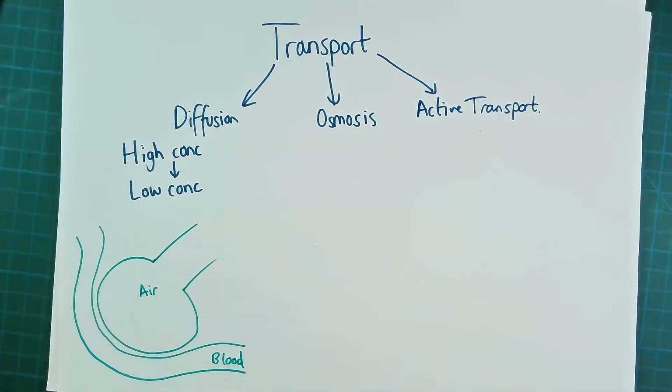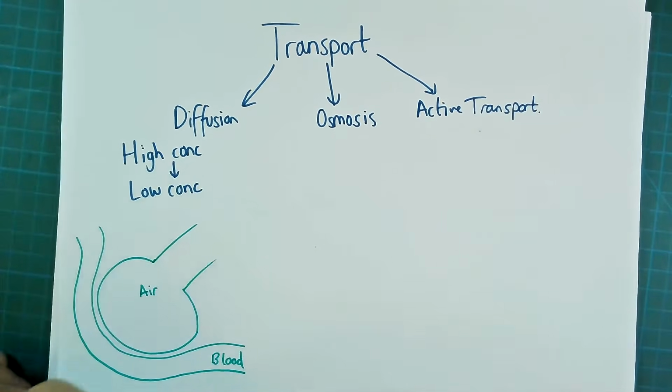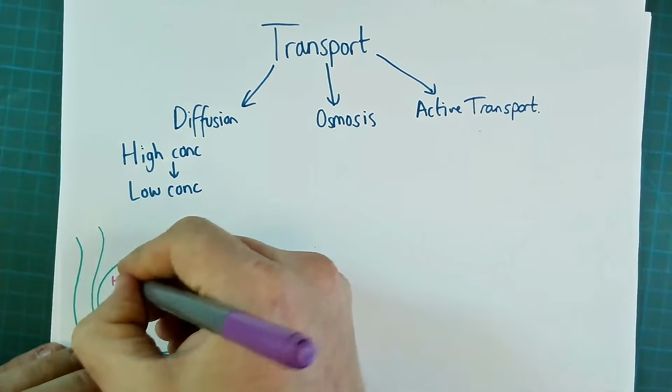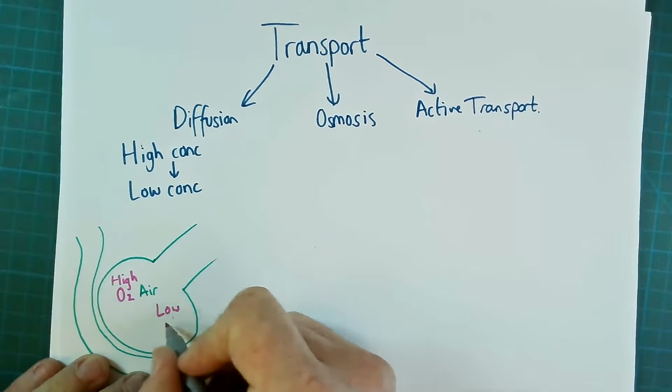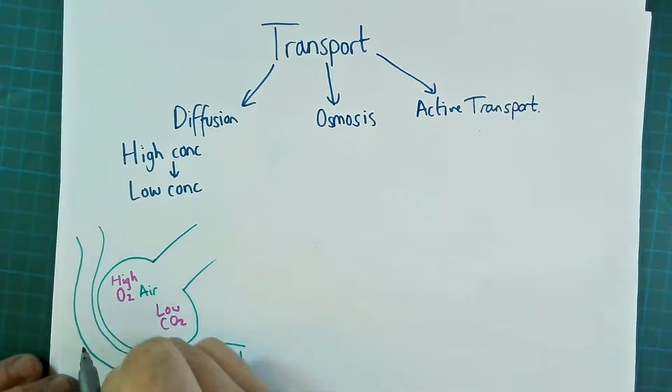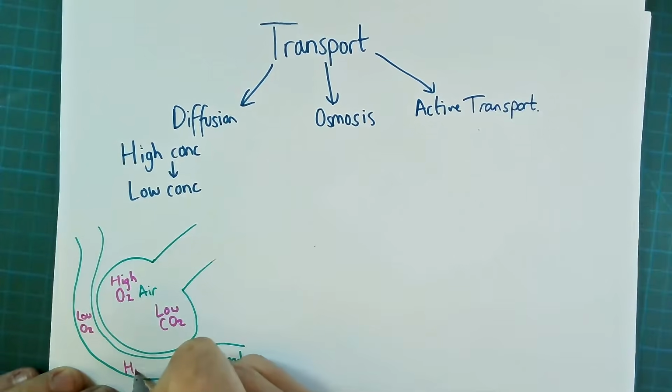Now, in the actual air, we've got lots of oxygen. I want a bit of precision. I'm a precise man. We've got high oxygen, and we've got low carbon dioxide. And in the blood, we've got low oxygen. It's just been used up. And we've got high carbon dioxide.